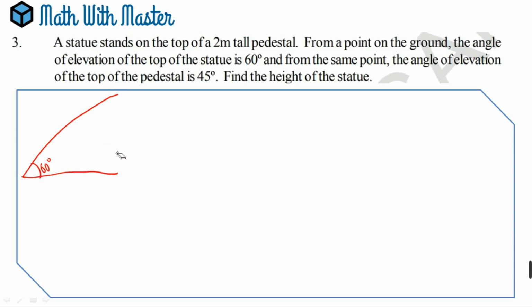So now I will make some convenient diagram. So from to the pedestal, this is 45 degrees angle of elevation. So find the height of the statue. So we will let this height, this is the height, this is just the 2-meter pedestal.